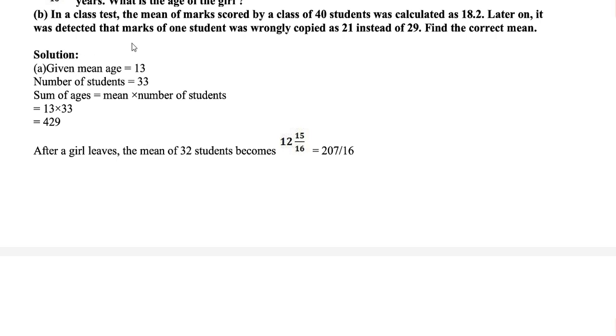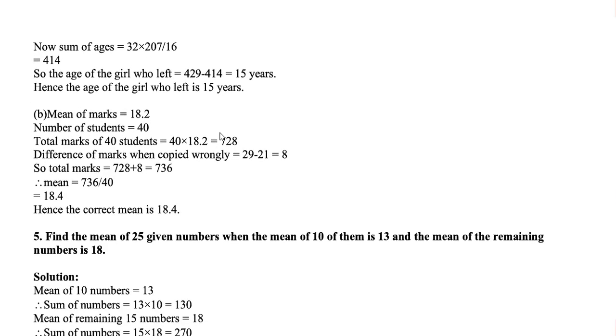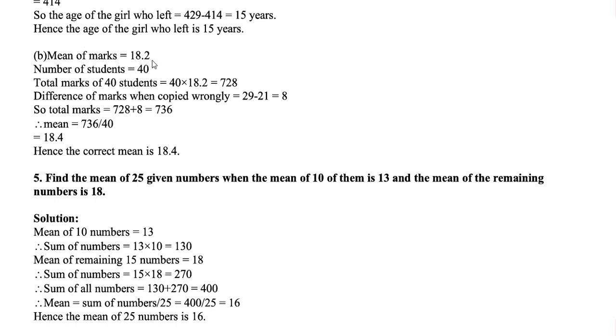In a class test, the mean of marks scored by a class of 40 students was calculated as 18.2. Later on, it was detected that the marks of one student were wrongly copied as 21 instead of 29. Find the correct mean. So how to proceed? First write the mean of marks 18.2, number of students 40.